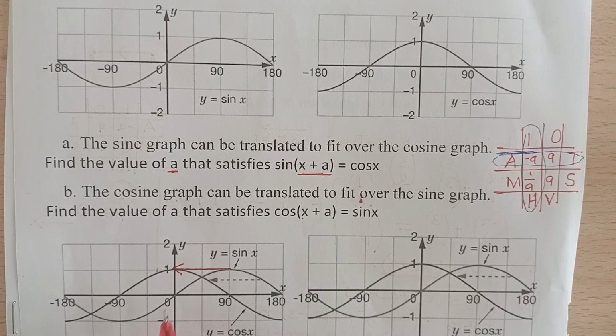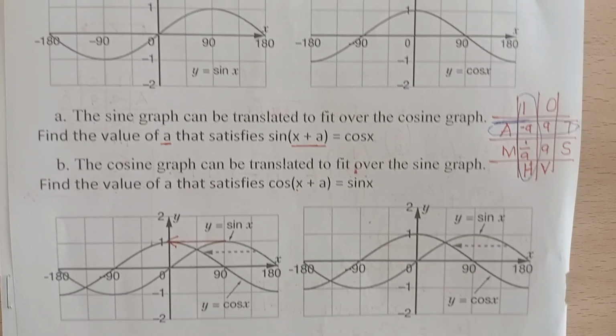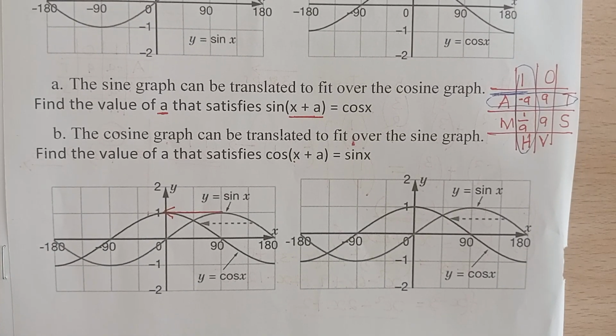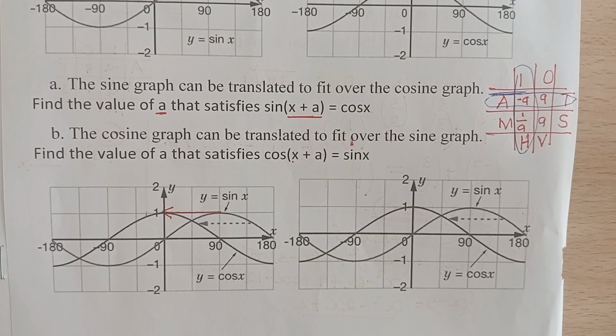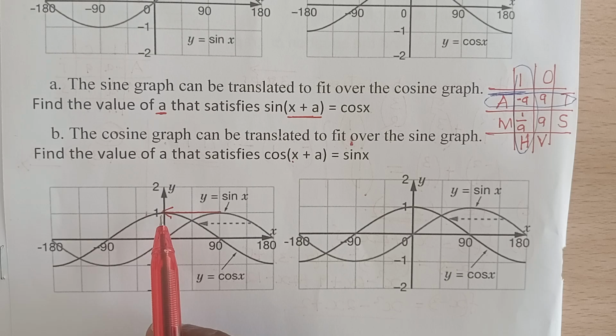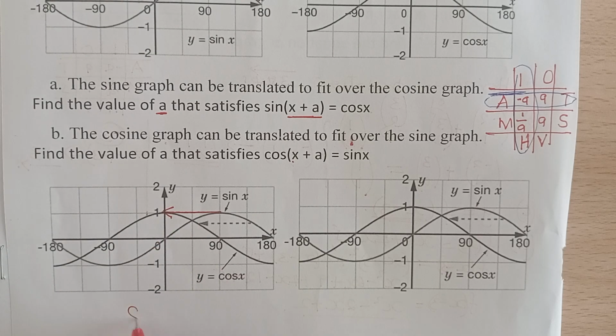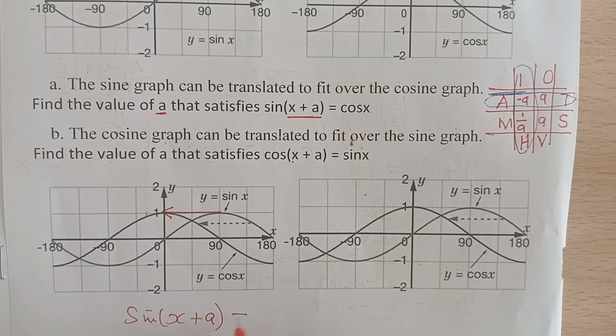From here to here, 90 degrees. And going to the left means negative steps. It means the sine of x plus A is going to be the cosine of x. So what is the value of A?